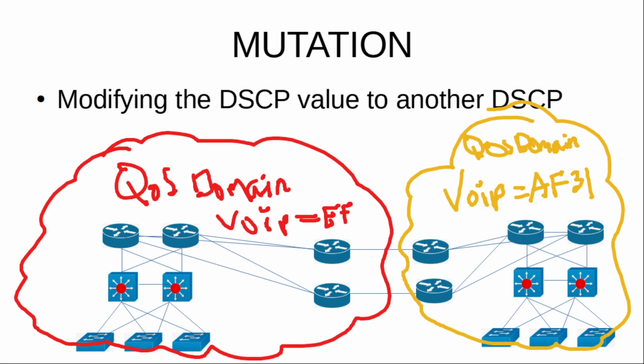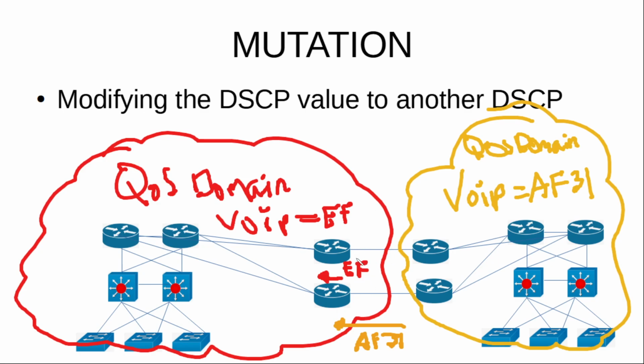So what will happen if a packet that was marked with the value AF31 arrived into your network? You will need to remark it, because for you this voice over IP traffic should be expedited forwarded. So you will need to remark it on entrance, and now this will be remarked as EF.